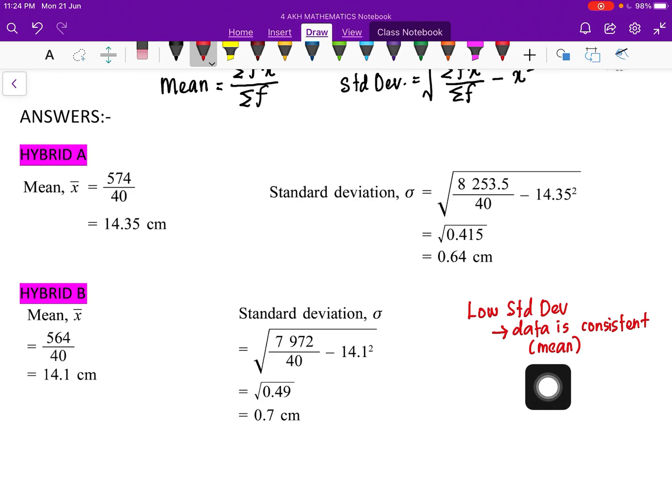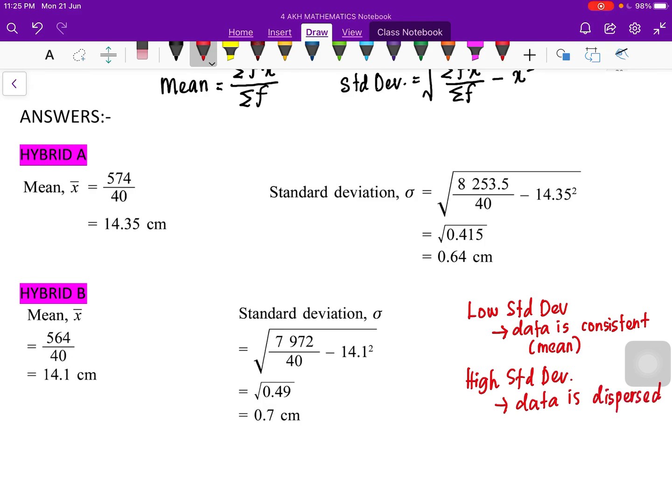So kita panggil dia sebagai in Form 4, the wording is the data is dispersed close to the mean. So data tu consistent. So if you have a high standard deviation, so the data is dispersed.